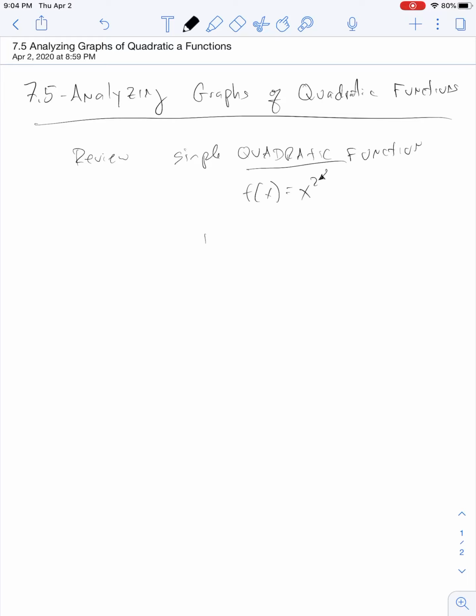All right, you should also know the domain to this. Our domain is negative infinity to positive infinity. And you should know that the shape of this graph is a U shape. It can be U going up or a U going down. Once again, this U-shaped graph is called a parabola.